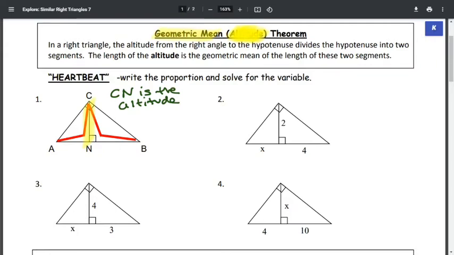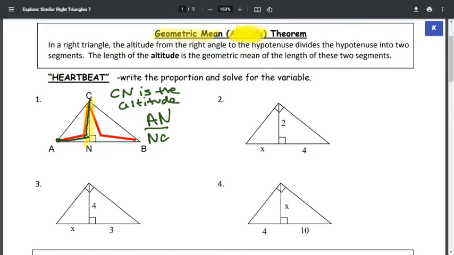But to show you what this method looks like, when we look at number 1, you can kind of see it right here in blue. We're going to start right here with A and go to N, so that side right there, AN, we hit that first. And then like a roller coaster or like a heartbeat monitor, it goes up. So when we go up from N to C, that's going to represent our altitude, and we're going to put those two sides over each other like a proportion.